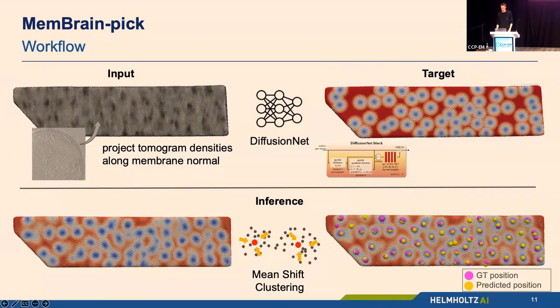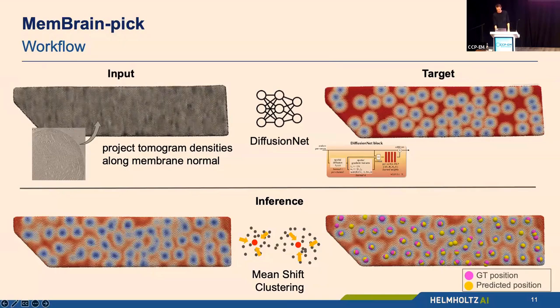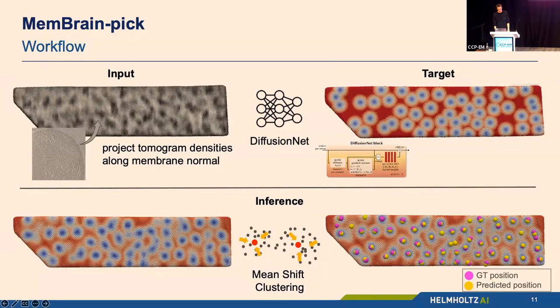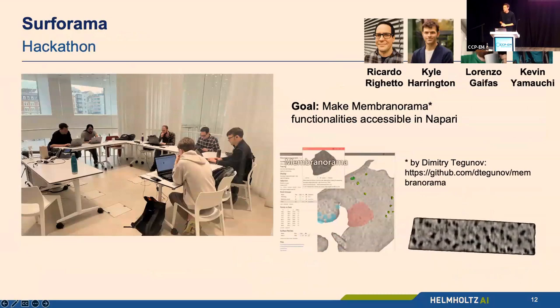Now, you may ask how to actually get to some annotations easily so that I can train MemBrain-pick. That's a good question, because very recently we also had this hackathon in Basel together with Ricardo, Kyle, Lorenzo, and Kevin, where one of the goals was to make Membrainorama functionalities available in Surforama.